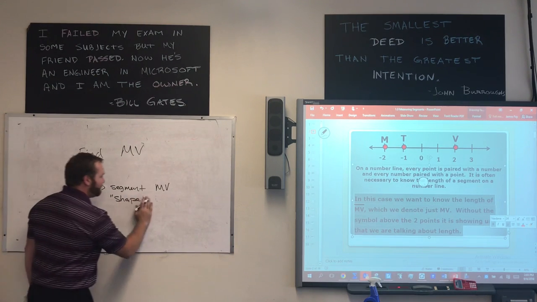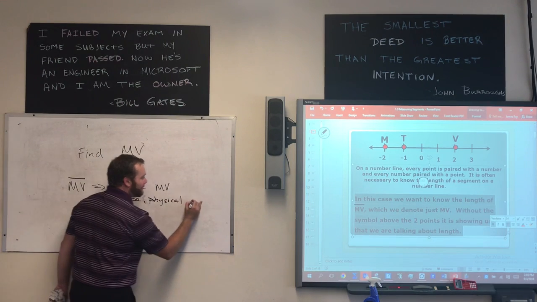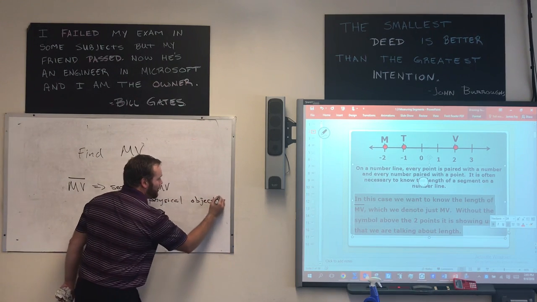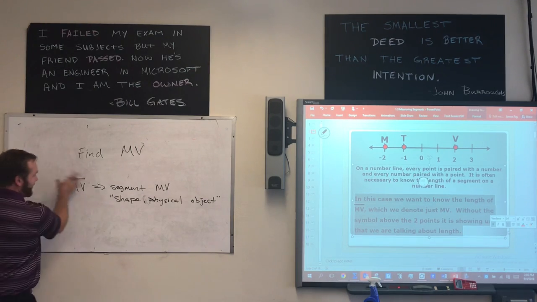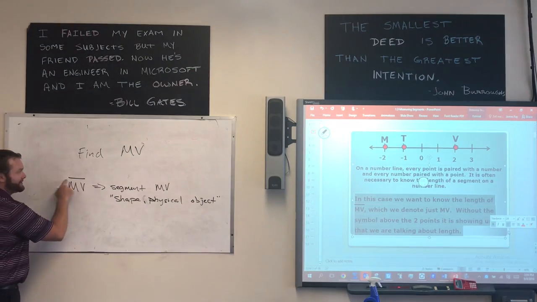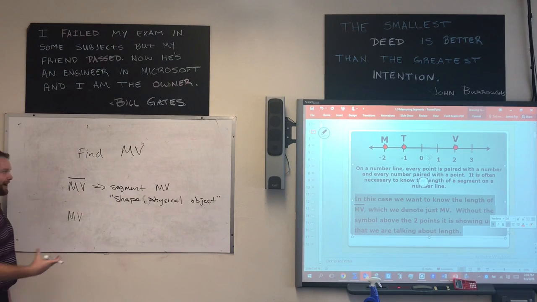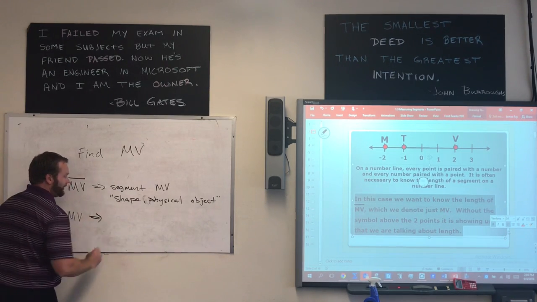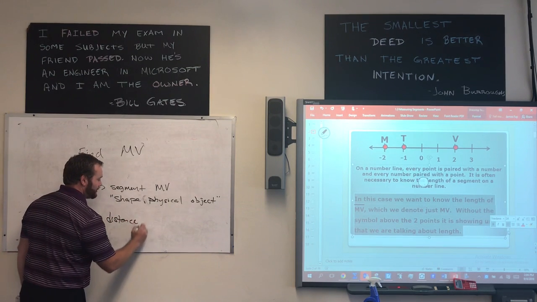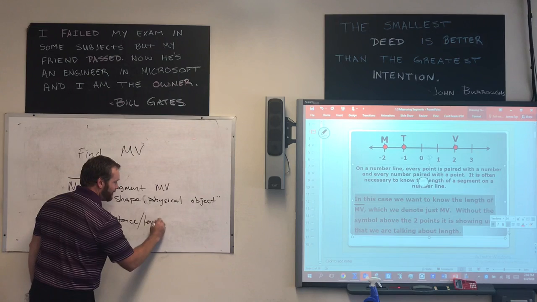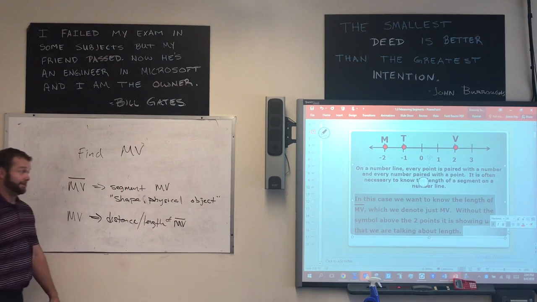Or the physical object. Okay. When I take that symbol away, when I take that segment symbol away, it gives a whole new meaning of how I interpret it. It now means distance or length of segment MV.